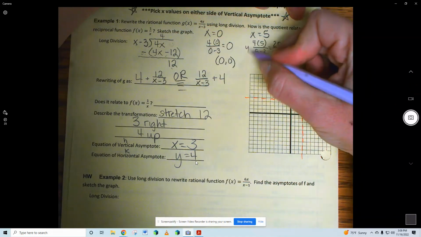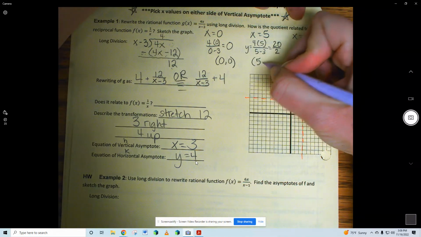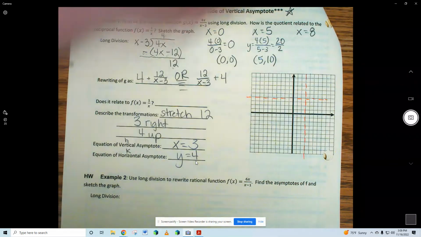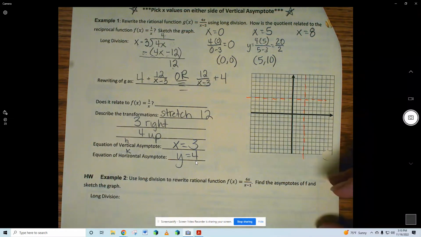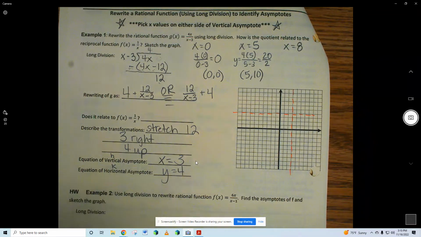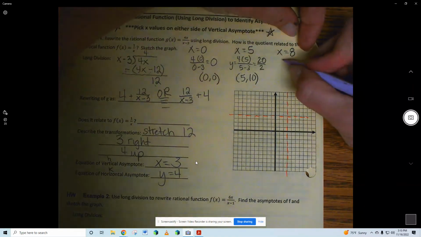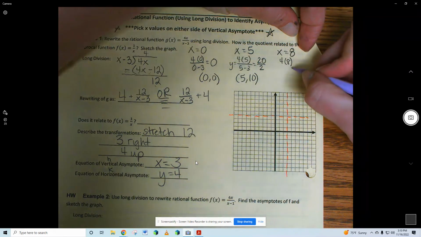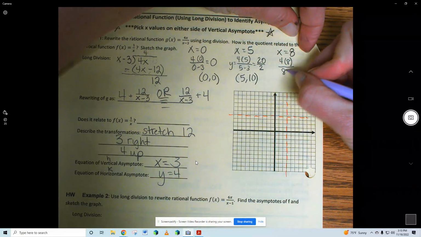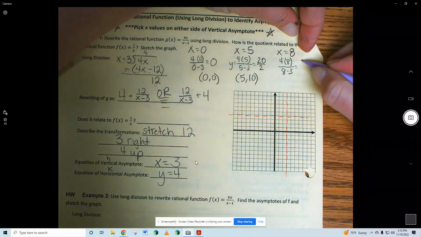So this is now my y value. When x is 5, y is 10. Eight. 4 times 8 is my numerator. 8 minus 3 is my denominator.